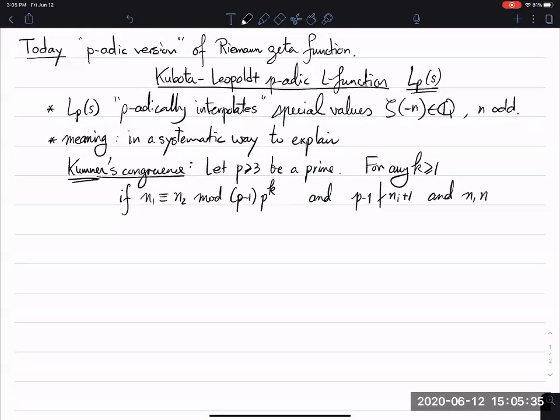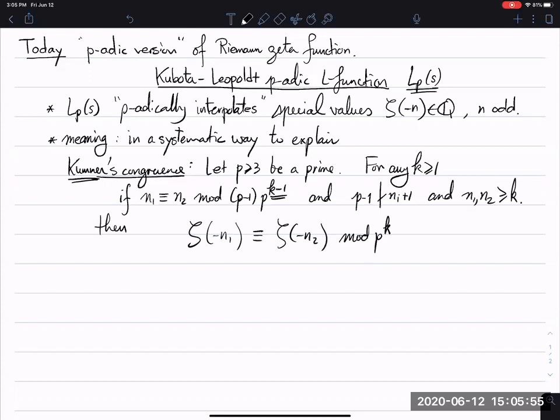It suffices. And also, I want n1, n2 to be greater than or equal to k. Then, with these conditions, the zeta values at these negative integers n1, n2 are congruent modulo p to the k. Excuse me, earlier here, this should be p to the k minus 1.